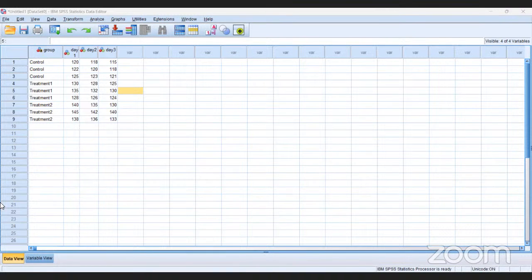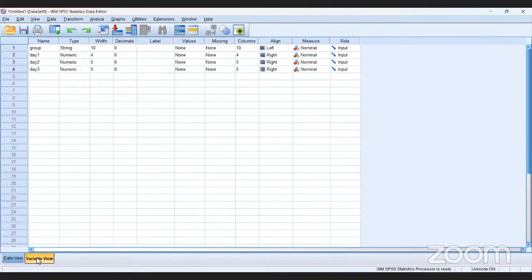So here you can find out this is the variable view. I want to show you the variable. Your first will be the group that will be the string data.